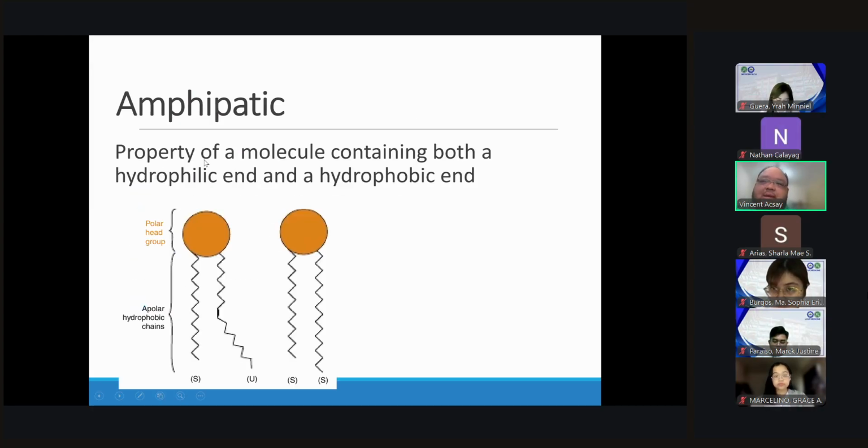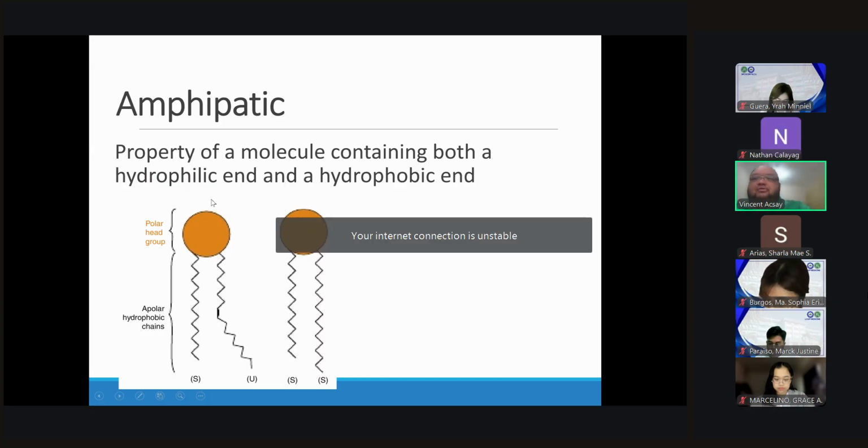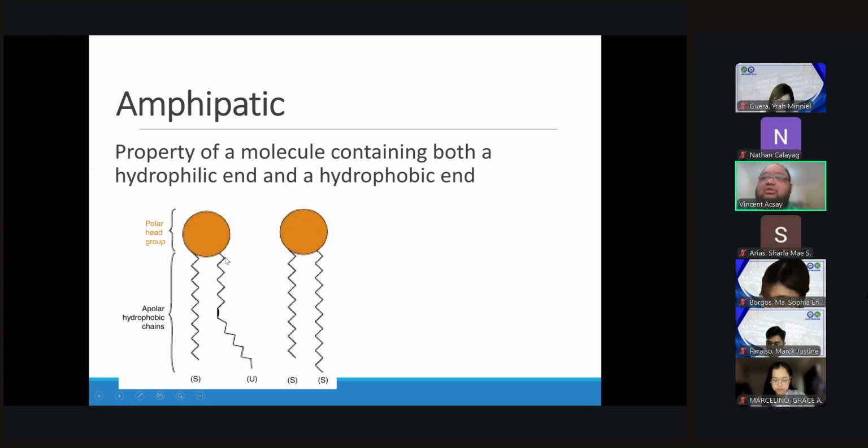The property of being amphipathic is the property of a molecule containing both a hydrophilic end and a hydrophobic end. You keep seeing these structures of one polar head with two non-polar hydrophobic chains. It's typically what you are going to see in diagrams of a lipid bilayer.